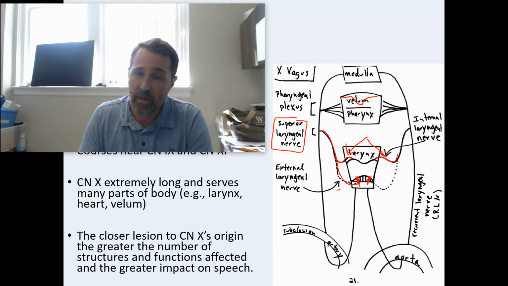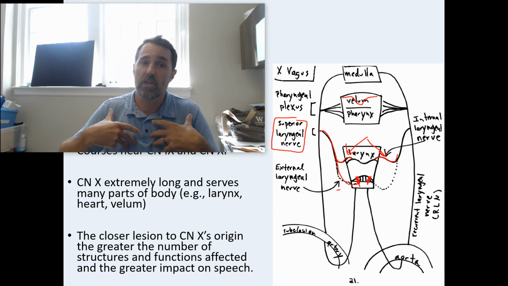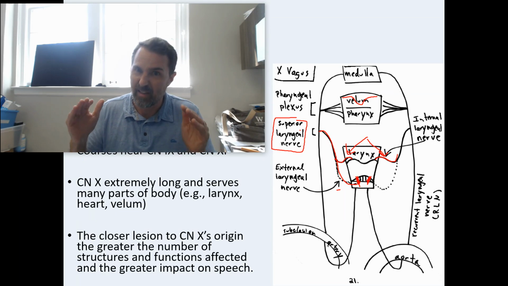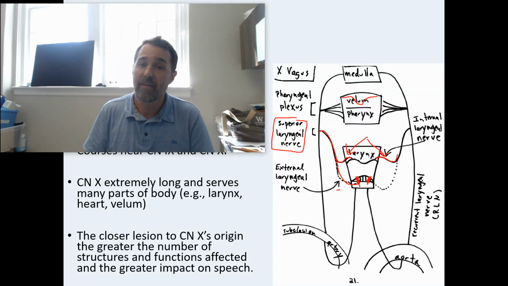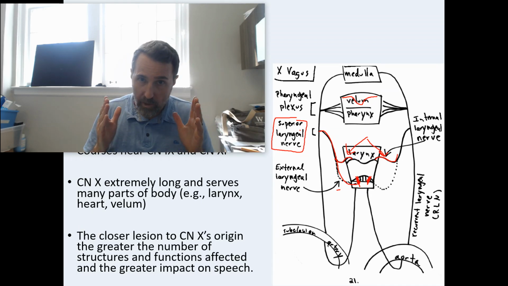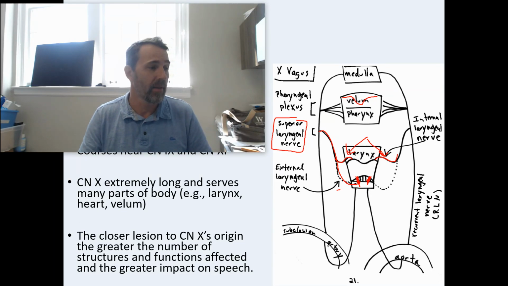So silent aspiration is also where the person is going to show no overt signs of aspiration, or less overt signs of aspiration, if they don't feel it and cough it up, which means people around them are going to be less likely to notice. So silent aspiration is something that as SLPs, we constantly worry about. It's something that we're constantly in fear of, and we're constantly trying to ensure that we're not missing.